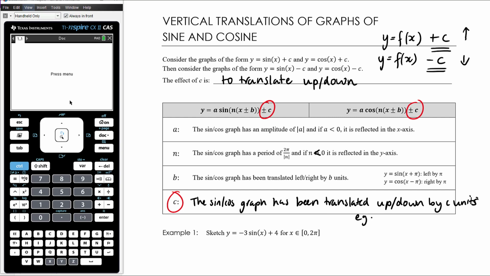For example, y equals sine of x plus 1 has gone up by 1. y equals cos of x minus 2 has gone down by 2.